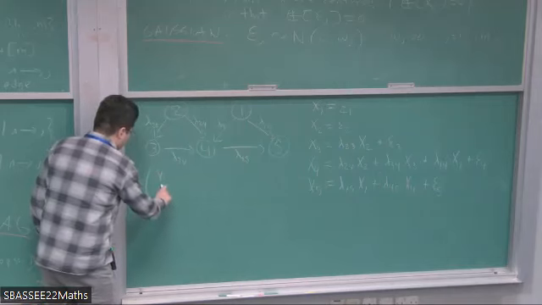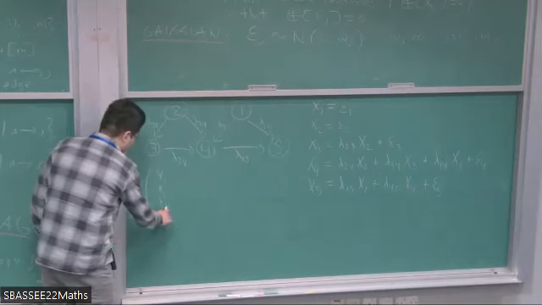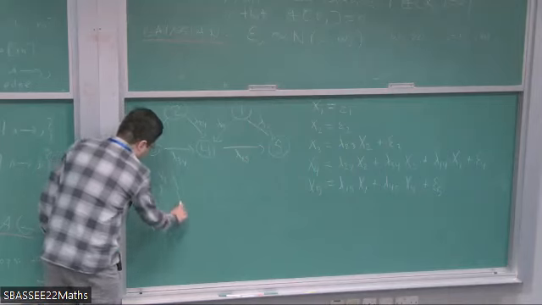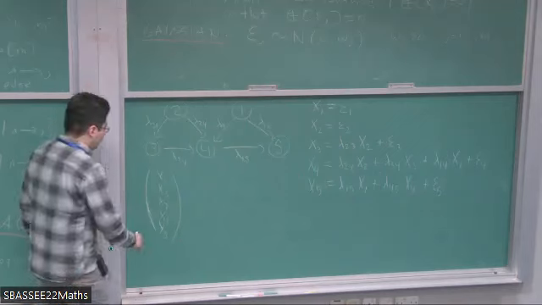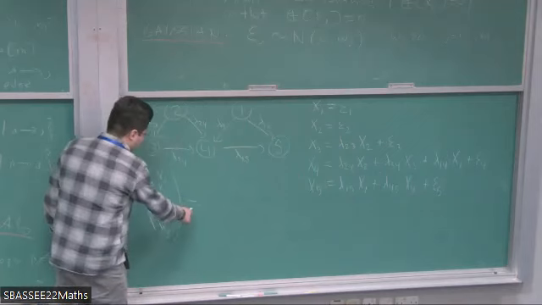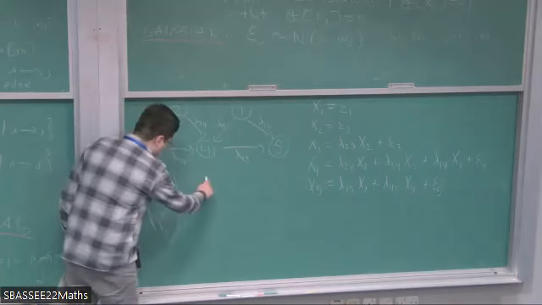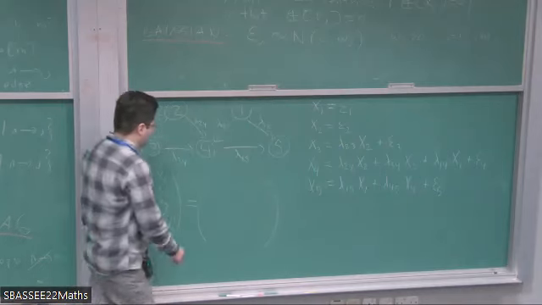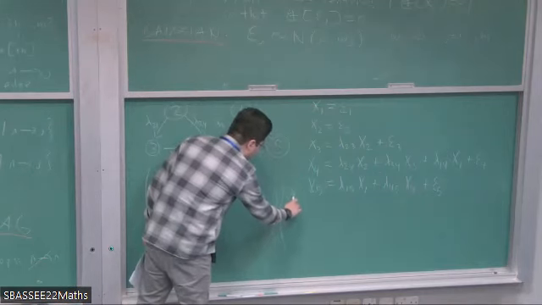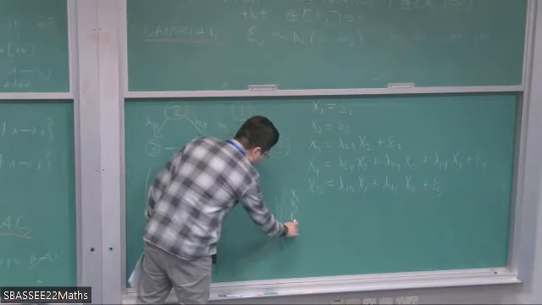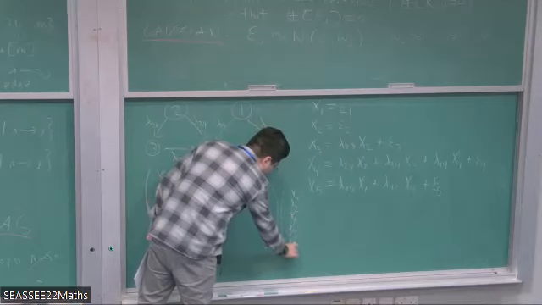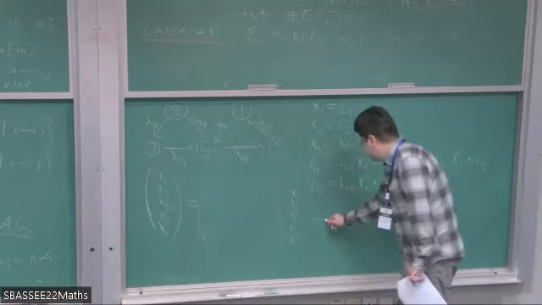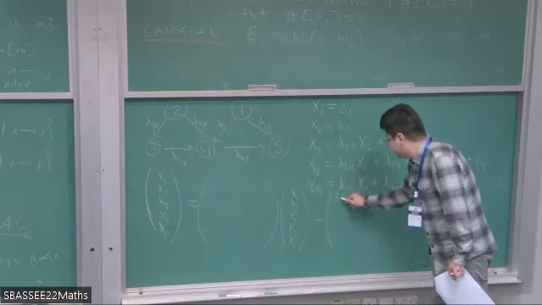If I write x1, x2, x3, x4, x5 as a vector, we can rewrite this equation with a coefficient matrix multiplying x1 to x5, and then add just the vector of the epsilons.